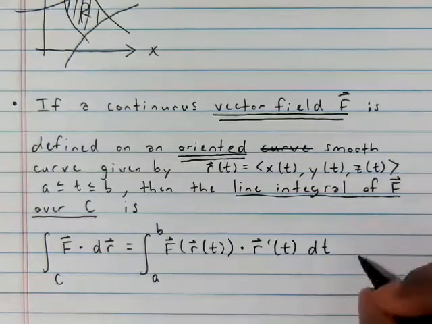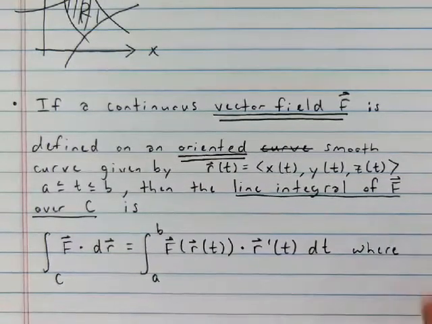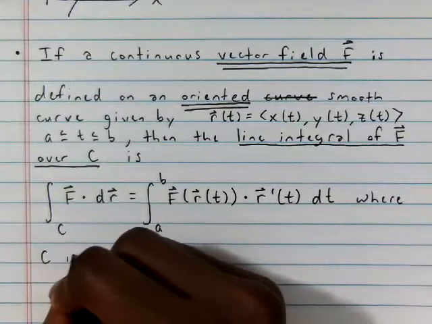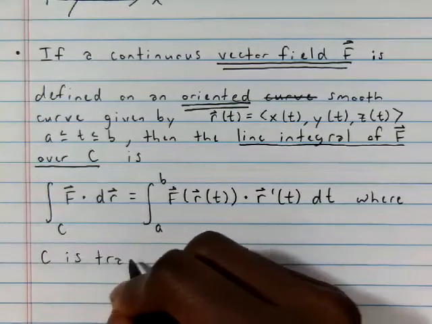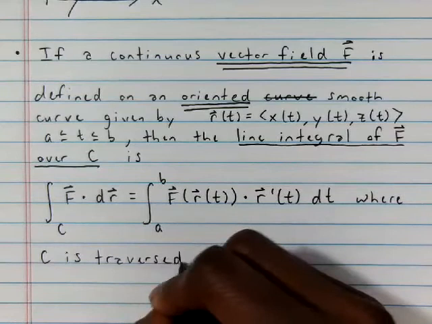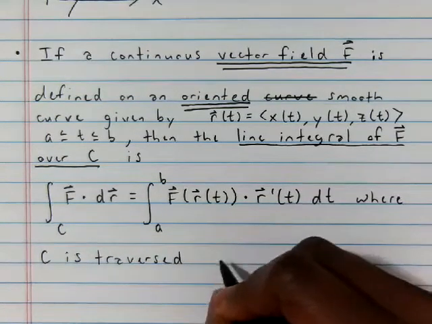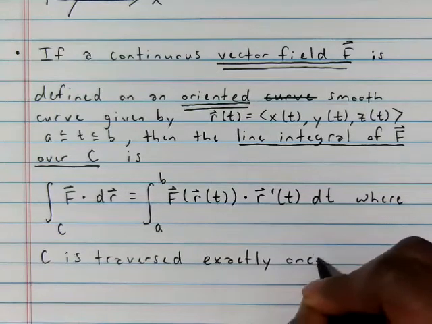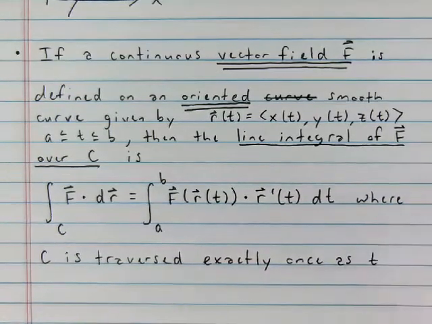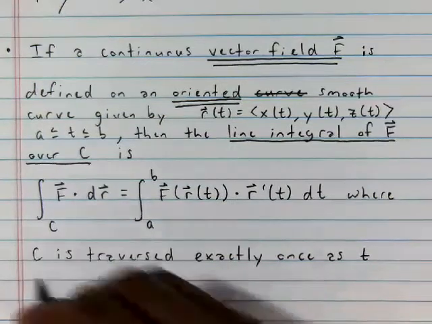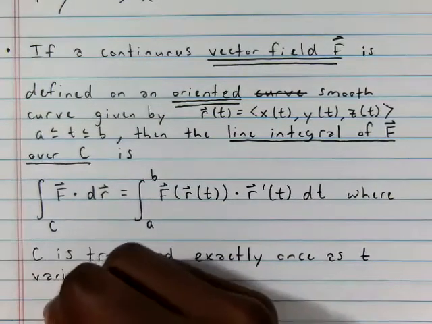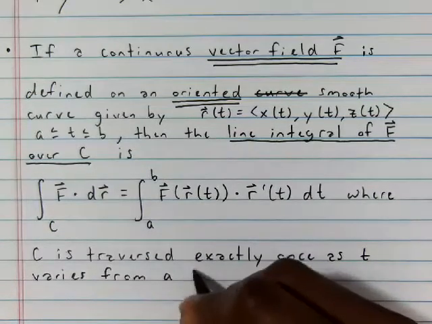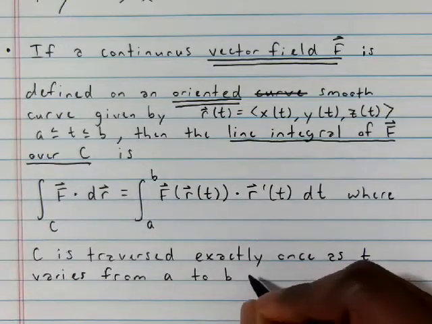This is where C is traversed exactly once as t varies from a to b.